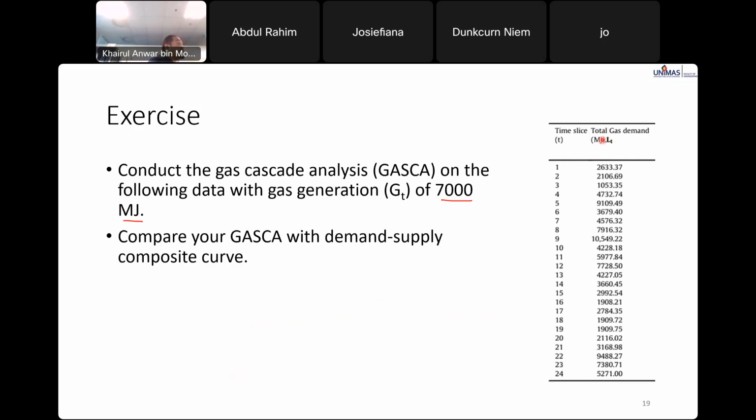In this case, GT is 7,000, not 5,400. This is based on the question. So you start with 7,000 GT, then you calculate NT. How to calculate NT? NT is equal to GT minus LT. So you have the net gas energy there.